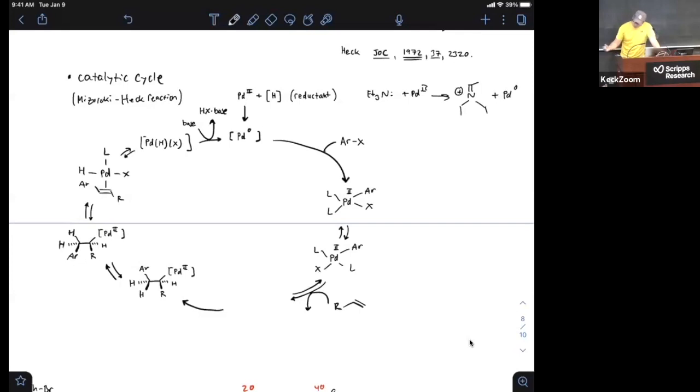And something needs to get kicked off of the metal. So what do you prefer to kick off here? One of the L-type ligands, say a phosphine, or the X-type ligand? I don't have that specified, but in the previous examples, we saw that was an iodide. Which do you prefer? The iodide, okay. Why do you prefer the iodide?